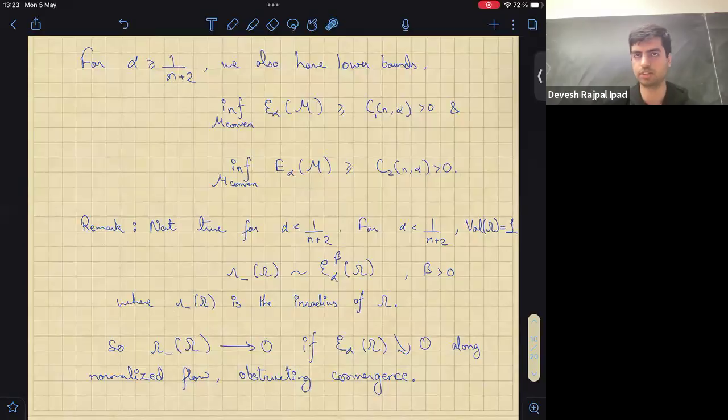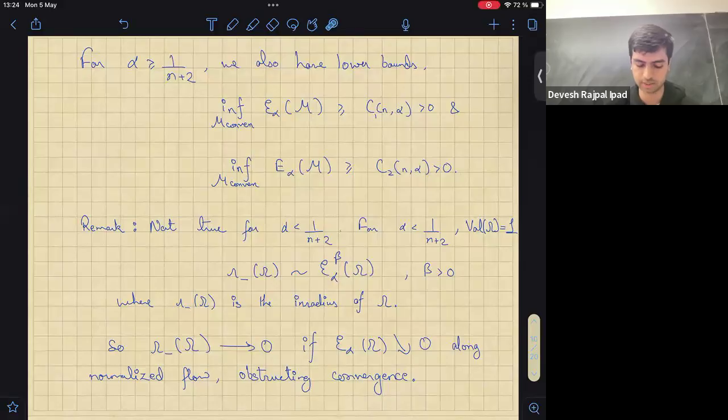This Firey entropy also needs to be made translation invariant, or we need to take the supremum over each interior point, and we can do that. After doing that, the inradius is roughly a positive power of the Firey entropy.